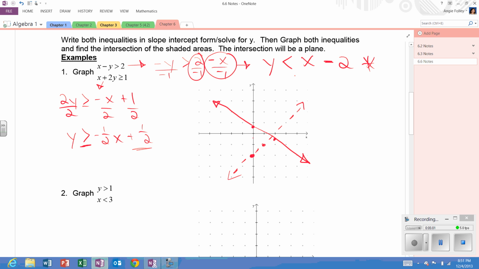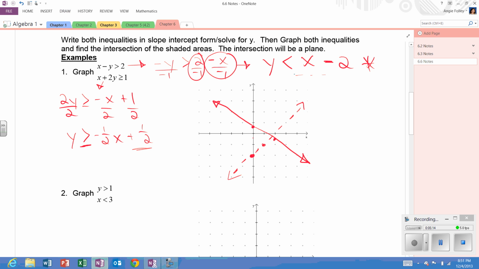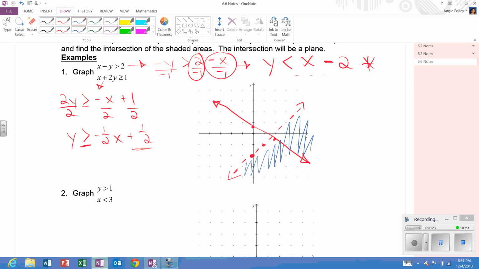Well, for the first equation, the one that was dashed, we would want to shade everything below. Okay, so I'm going to pick a different color. Pick blue. So everything below the dashed line. So that would be everything right in here. For the other equation, let me pick another color.